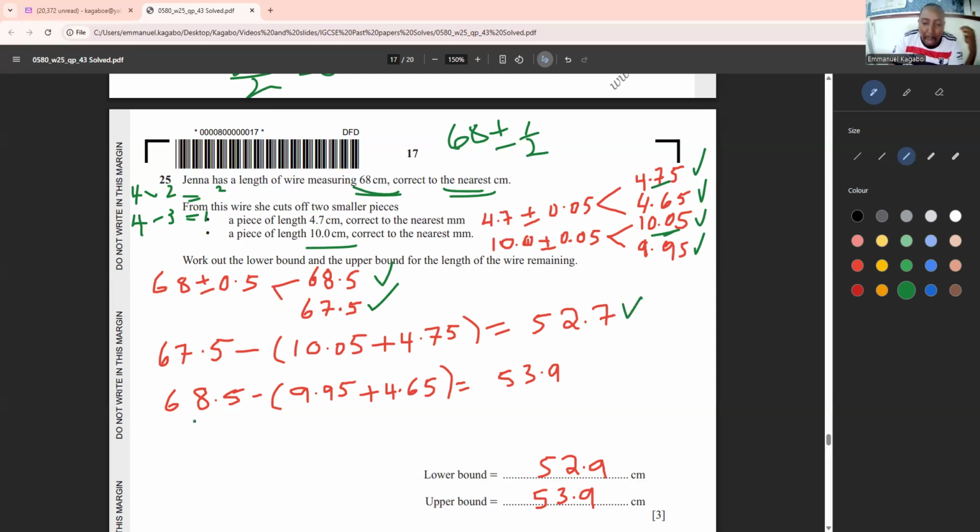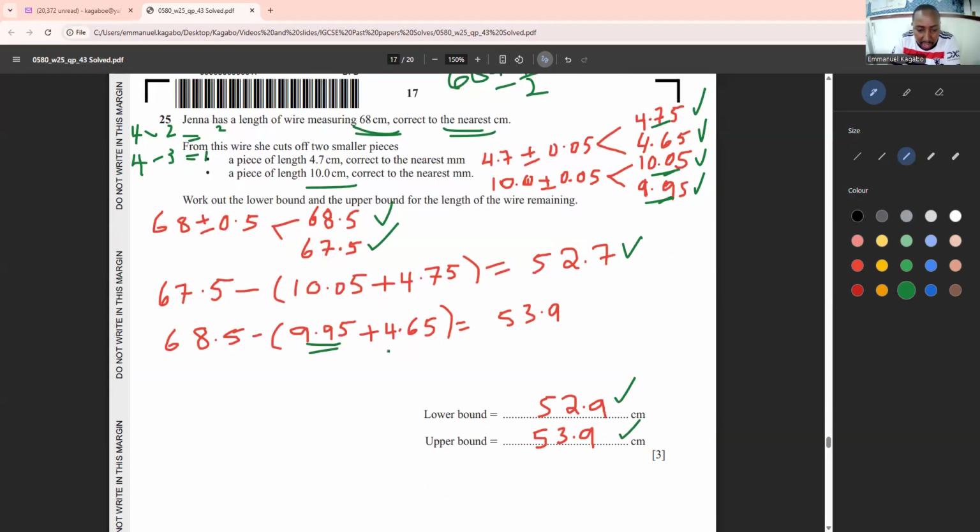Now, getting upper bound, I have to get my upper bound of what I'm subtracting minus the lower bound. So that's why you see I did lower bound here, and also here I did lower bound. Okay, I hope you have understood that. So it gives you this and that. Very good.